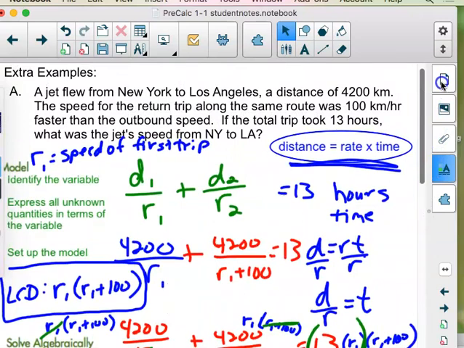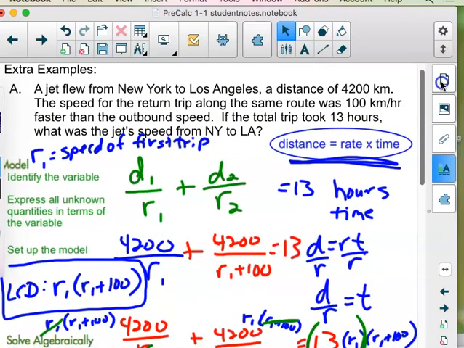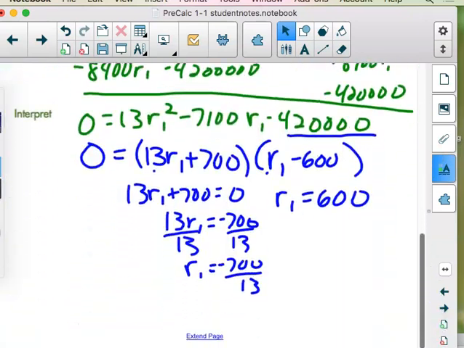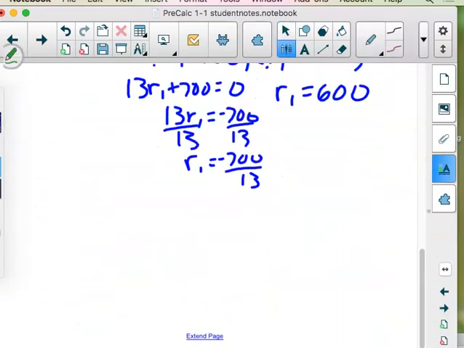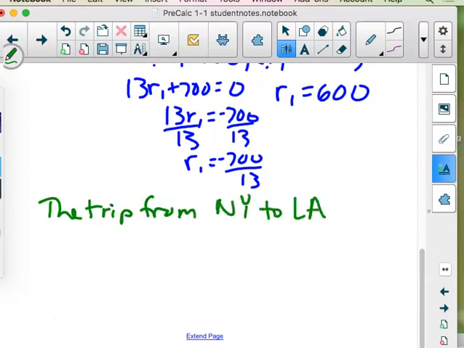And they want to know if the total trip took 13 hours, what was the jet's speed from New York to LA? And that was the original rate, the speed of the first trip. And that was our R sub 1. So all we have to do is write a little sentence here to say, hey, we found it. It's 600. So the trip from New York to LA, NY to LA, took, we'll figure this out in a minute, so many hours.